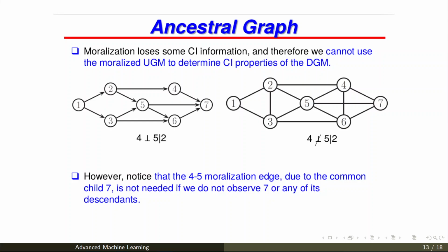Given 2, 4 and 5 are conditionally independent in the directed graph, but in the moralized undirected version, given 2, 4 and 5 are not conditionally independent. We can actually fix this and make this graph capture a similar conditional independence as that of the directed graph by constructing something known as an ancestral graph.